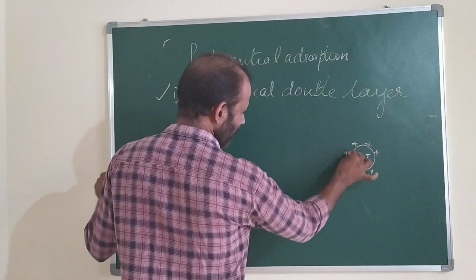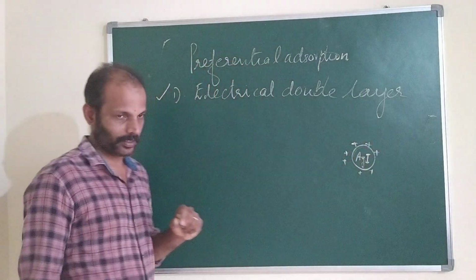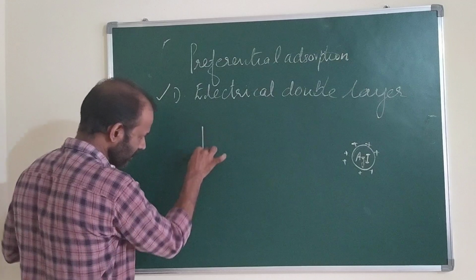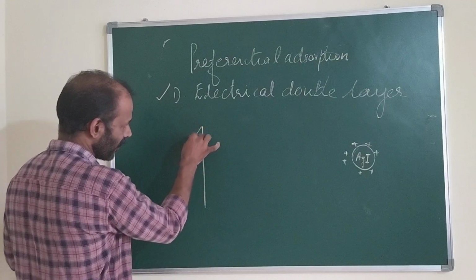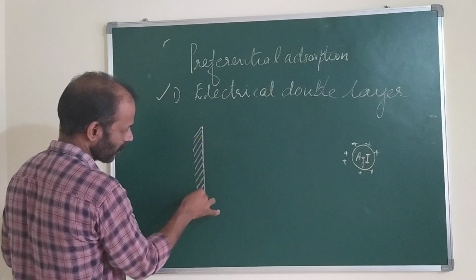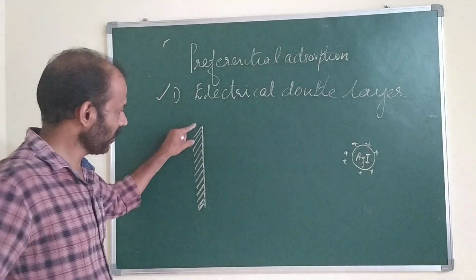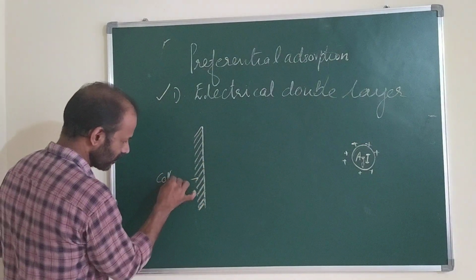I am representing the silver iodide colloid like this. Suppose this is our silver iodide colloid. This is our solid, that is, our colloid.